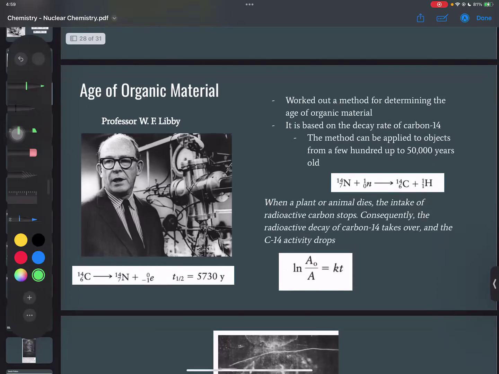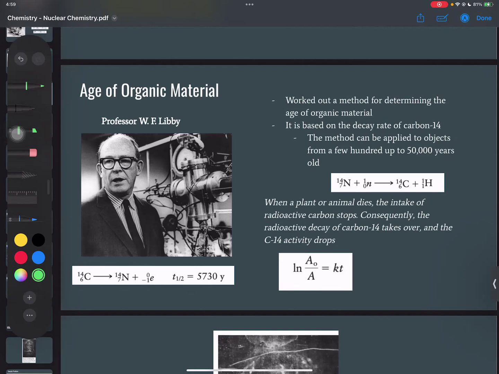So, let's proceed to the dating of organic materials. We're almost done. Professor W.F. Libby in the 1950s at the University of Chicago worked with a couple of other people to work out a method of determining the age of an organic material. Organic materials usually contain carbon, so it is based on the decay rate of carbon-14.